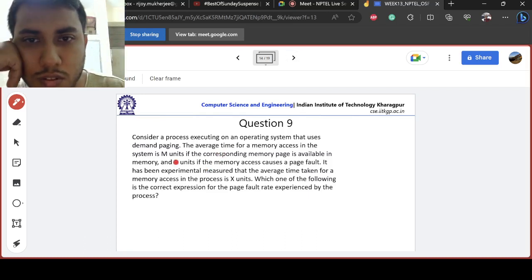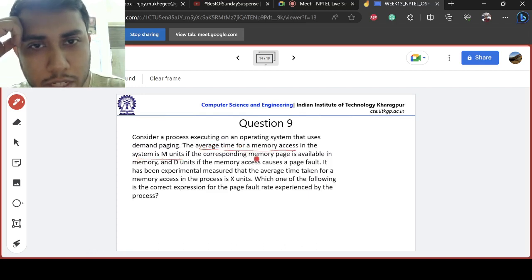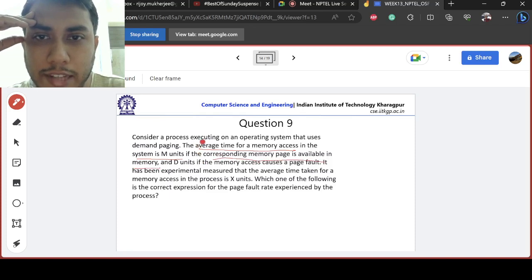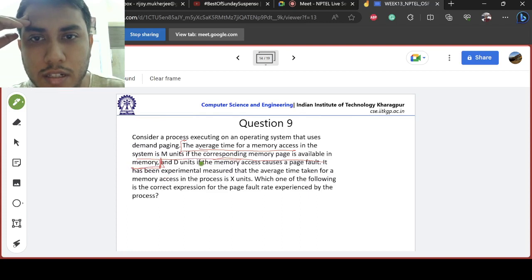So let's jot down some things. The average time for memory access if the page is present in the main memory is m units, and d units if the memory access causes a page fault.